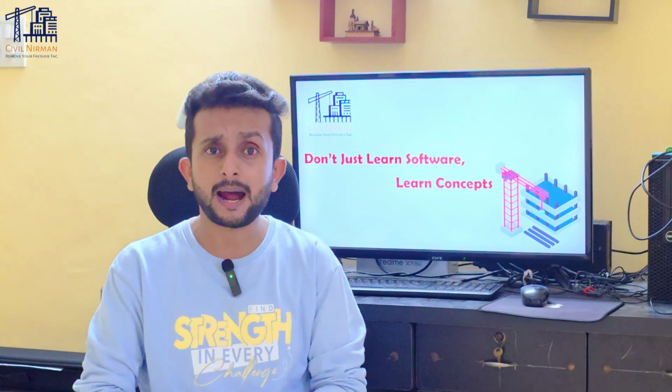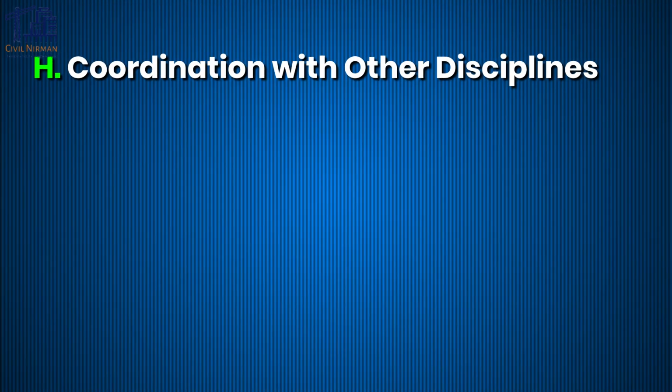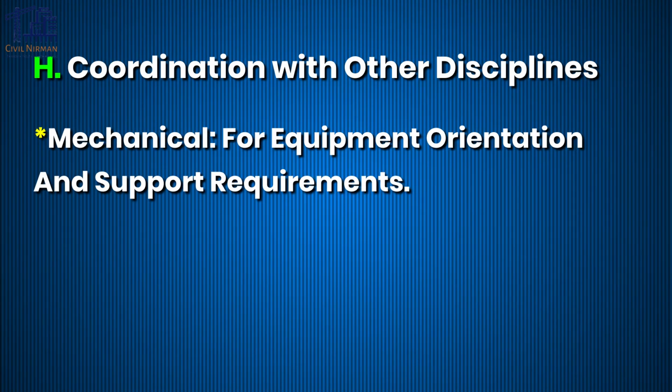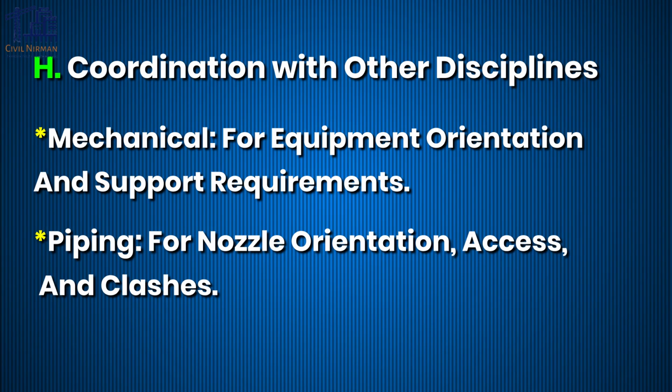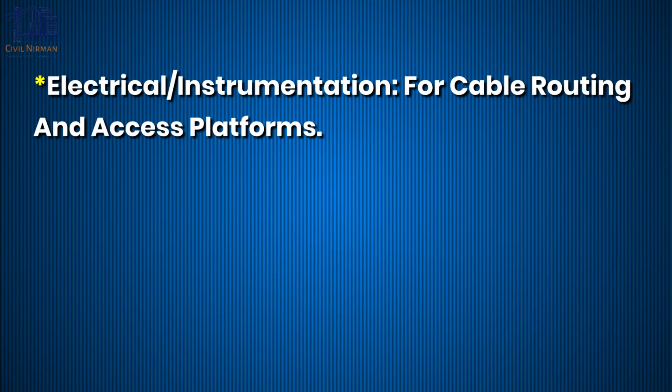Next most important part is coordination with other disciplines. Following are the disciplines where you need to take care of coordination. In case of mechanical, you have to coordinate for equipment orientation and support requirements. With piping, coordinate for nozzle orientation, access and clashes. With the electrical and instrumentation disciplines, you have to cross-check for cable routing and access platforms.